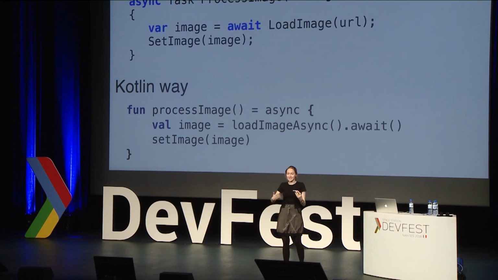Async await is also not a Kotlin invention. It is a feature already present in some languages, for instance, C#. And in C#, this feature is a language feature, so async and await are language keywords. In Kotlin, they are not language keywords, but just library functions.